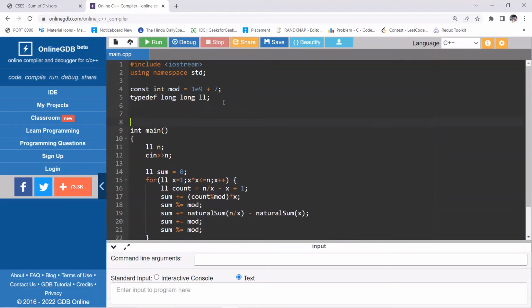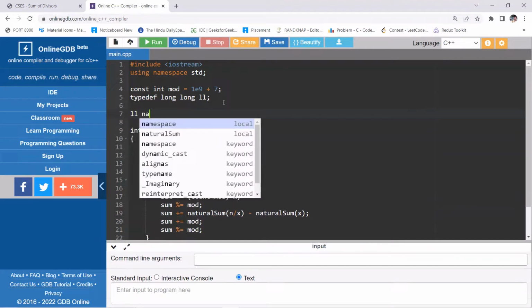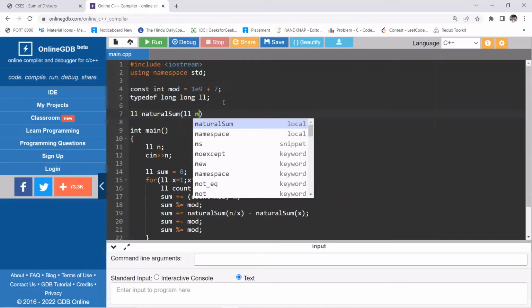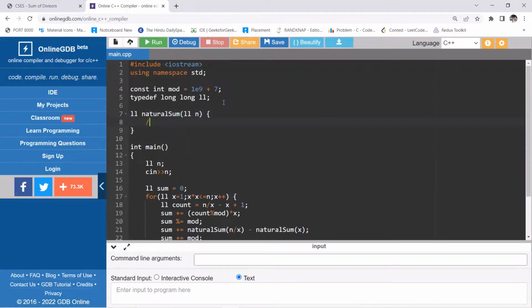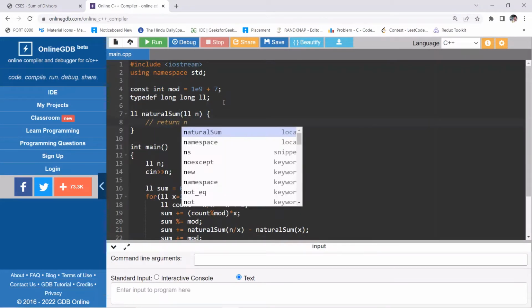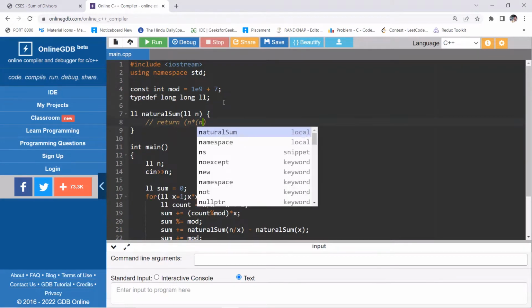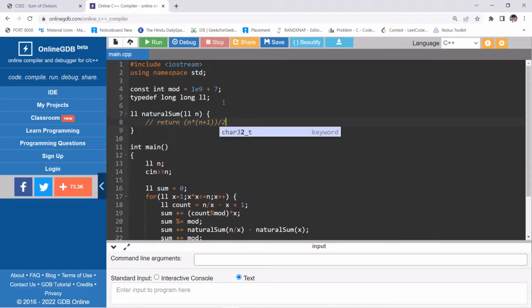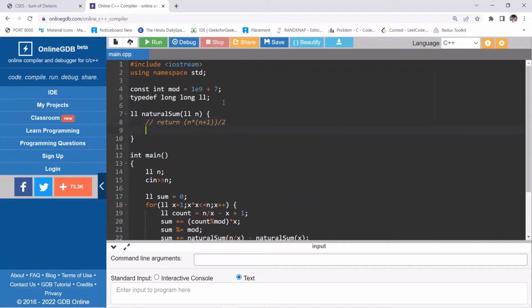Now we will just write this function natural sum. So it will take an argument n. For this we can just return n into n plus 1 by 2, but as n is up to 10 to the power 12, this will overflow the long range.